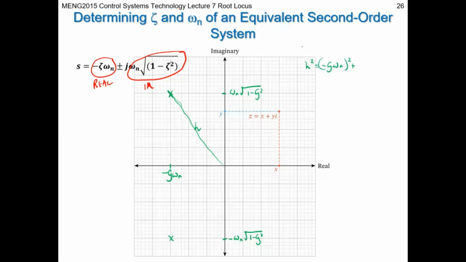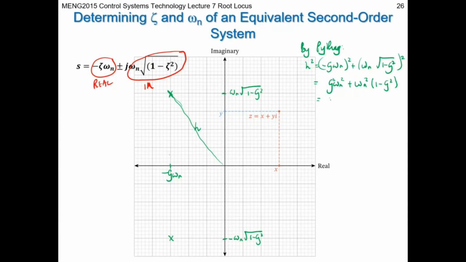So this is by Pythagoras: the hypotenuse squared equals the adjacent squared plus the opposite squared. If we multiply this out, the negative is going to cancel because it squares out, so it becomes omega n squared, and the square root squared gives us 1 minus zeta squared.